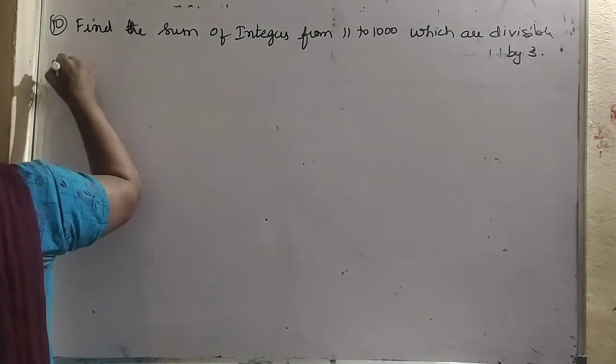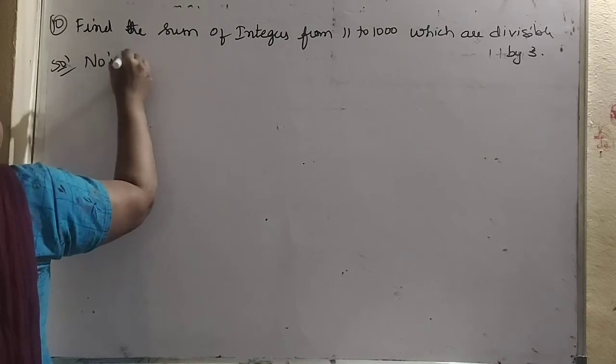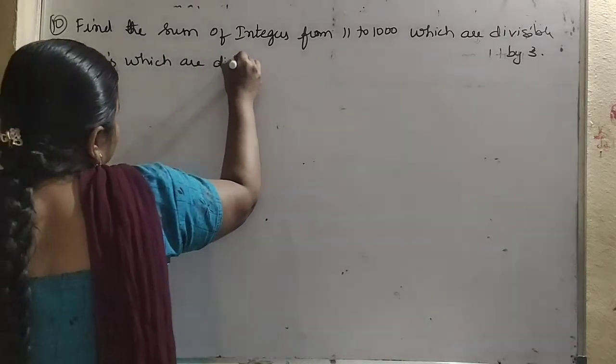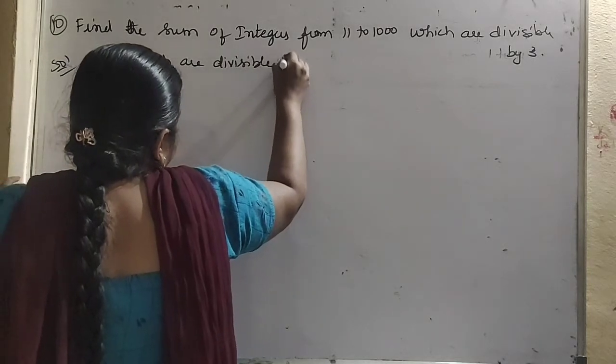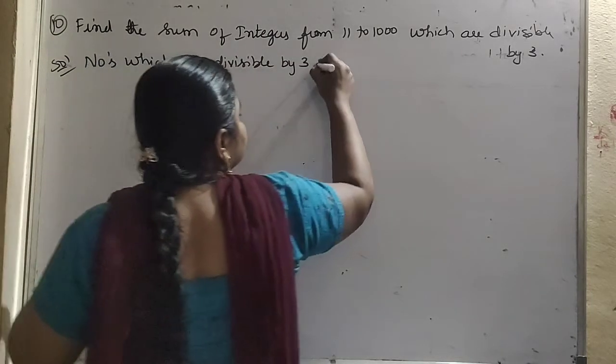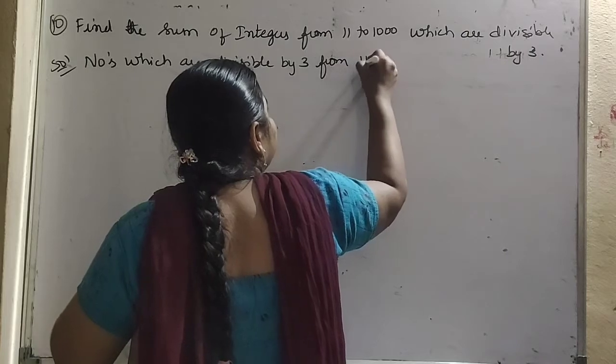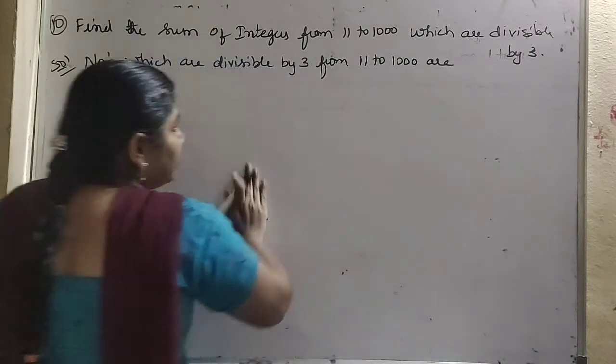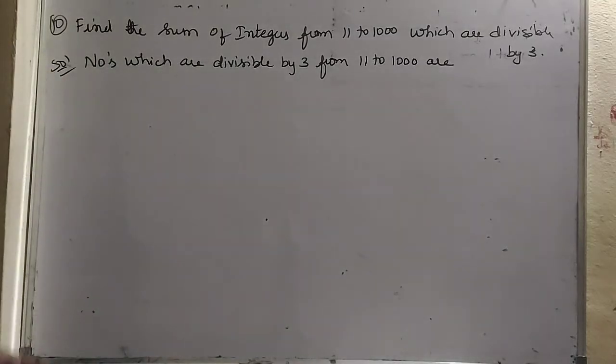So here, what are the numbers which are divisible by 3 from 11 to 1000?